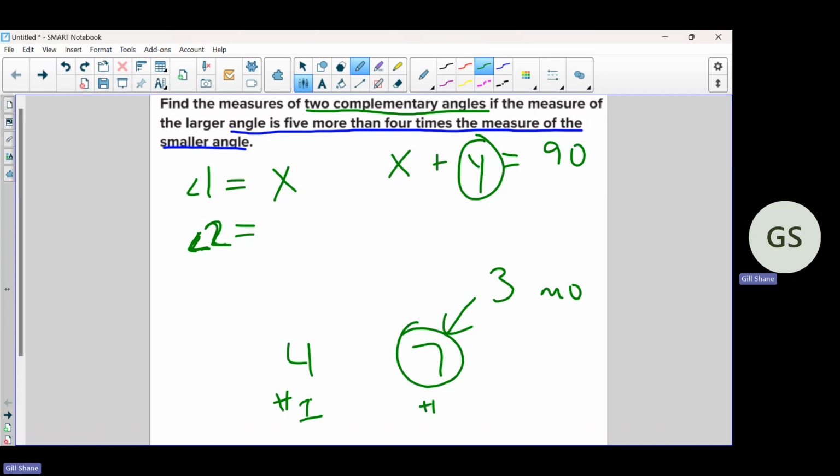This is the second number, number 2. The second number, so this number here, is 3 more than the first number.